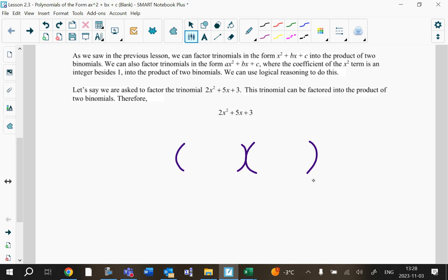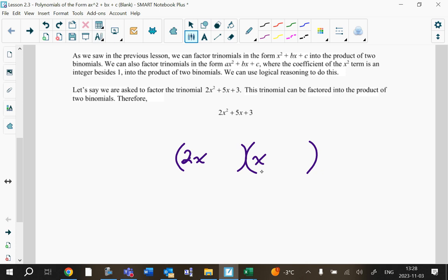Why? Because they have to multiply to 2x squared. What two terms multiply to get 2x squared? 2x and 1x. Or just 2x and x. I know that that works.